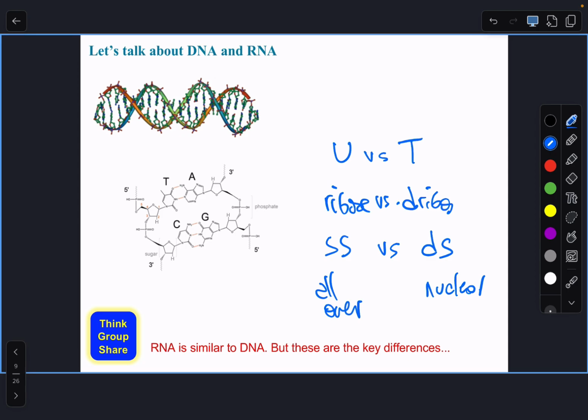But the reality is that lack of stability is what probably made RNA not be the preferred molecule for storing genetic information long term, but at the same time made it the preferred molecule to engage in all these interactions with various components of the cell. So we'll see that RNA not only has, in some unique cases, this ability to carry out molecular reactions, but also has the ability to interact with a whole bunch of things inside of cells. And part of it is due to its reactivity.